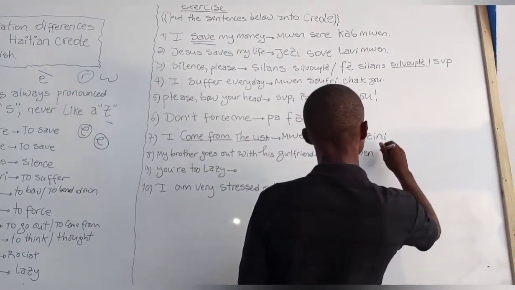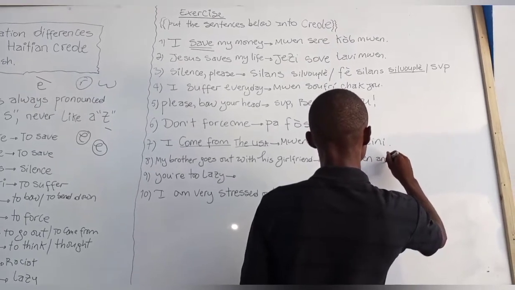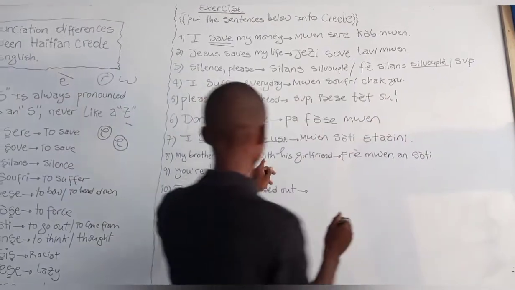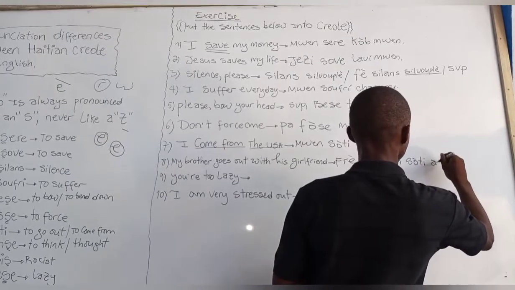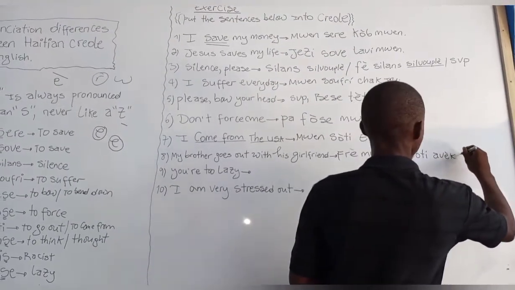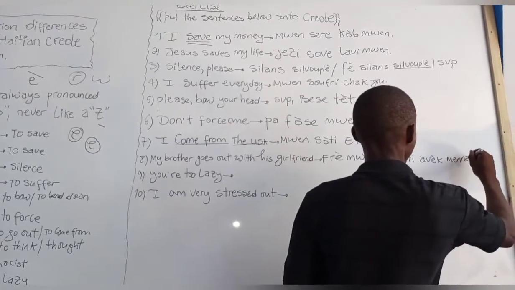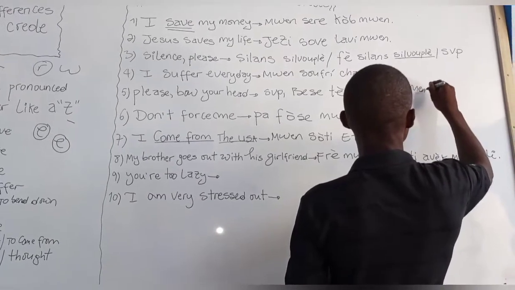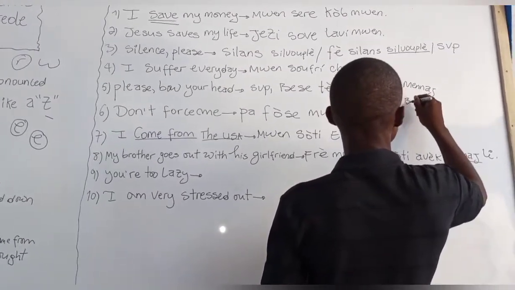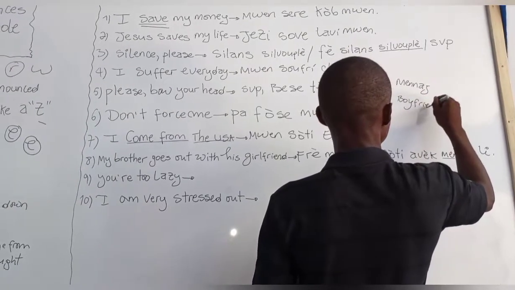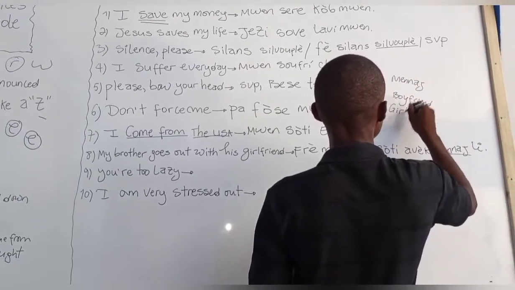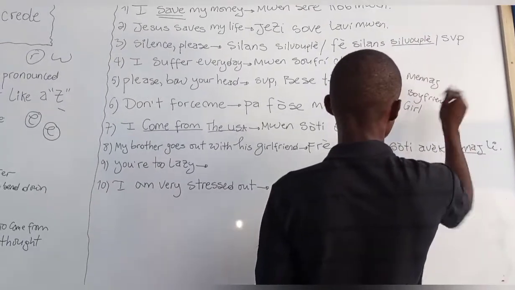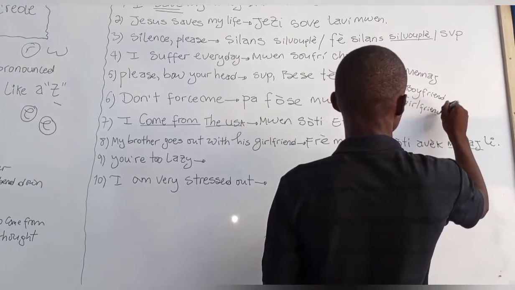Frère moyen, sorti with is avec, ménage. The word ménage in Creole means both boyfriend and girlfriend. It doesn't matter what you are, a girl or a boy. We use ménage for both boyfriend and girlfriend, okay? This is what it is.